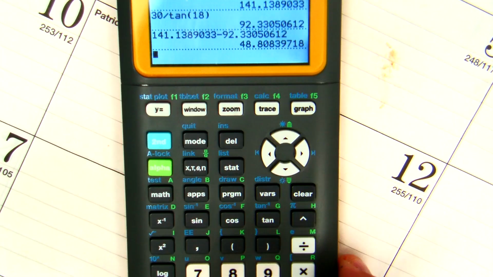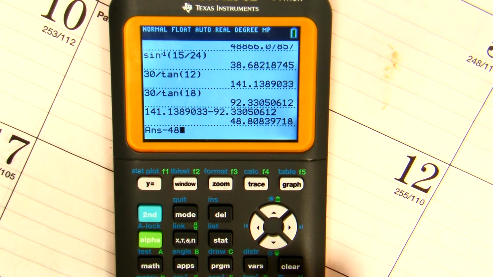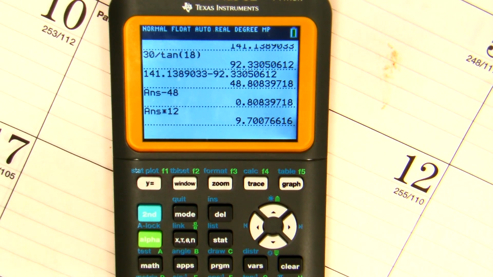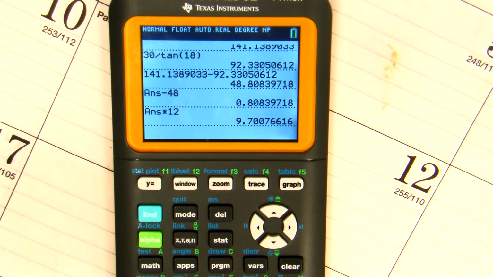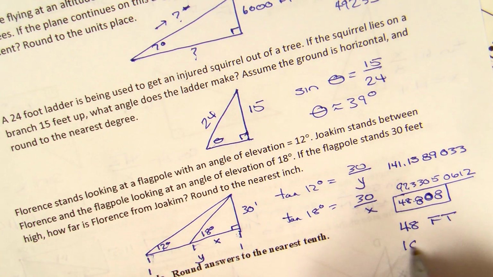You're then going to go back to your calculator, and you're going to get rid of the 48 by subtraction. So you're just going to go minus 48. That gives you that. And then how many inches in a foot? 12. You're just going to take that number and multiply it by 12, and you get 9.7. Is 9.7 closer to 9 or 10? So your final answer technically would be 48 feet, 10 inches.